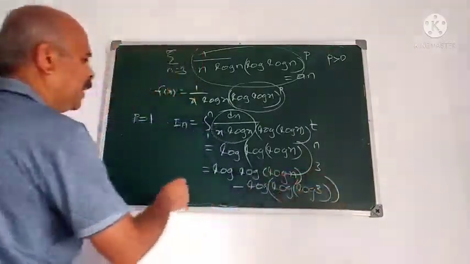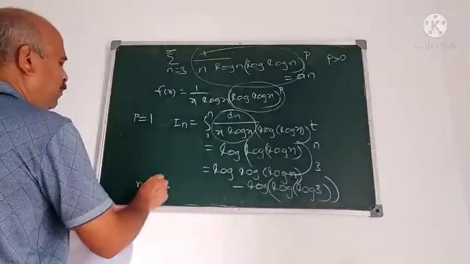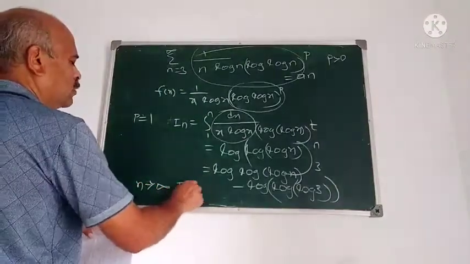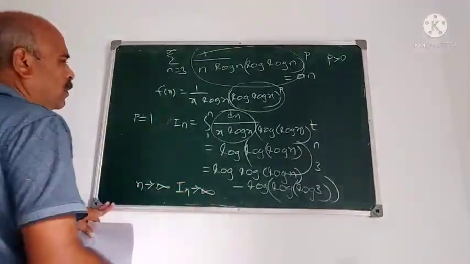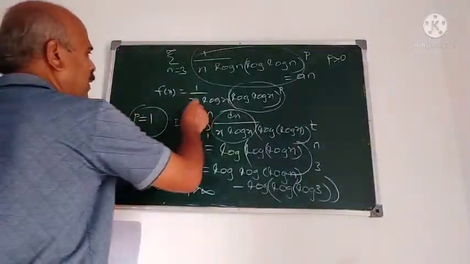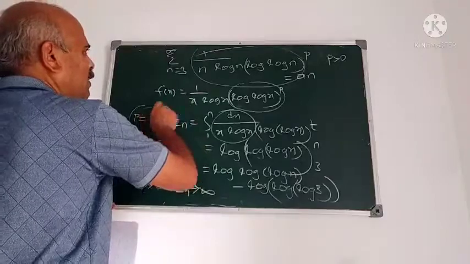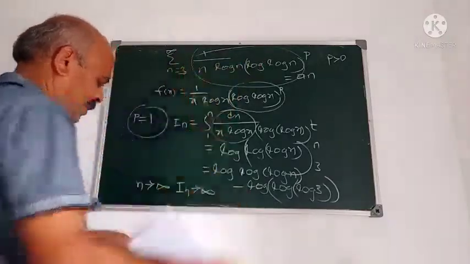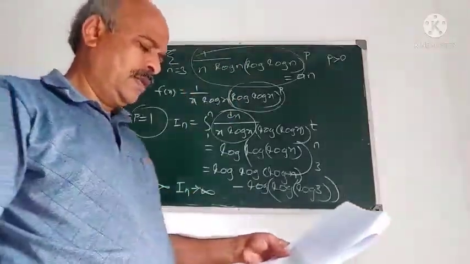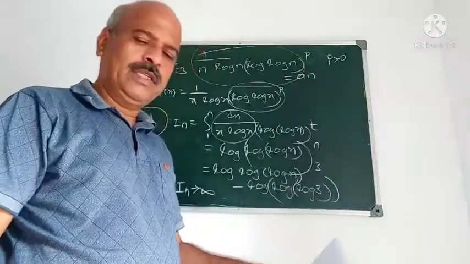As n tends to infinity, I_n tends to infinity. Therefore, when p is equal to 1, I_n diverges, and this series diverges.